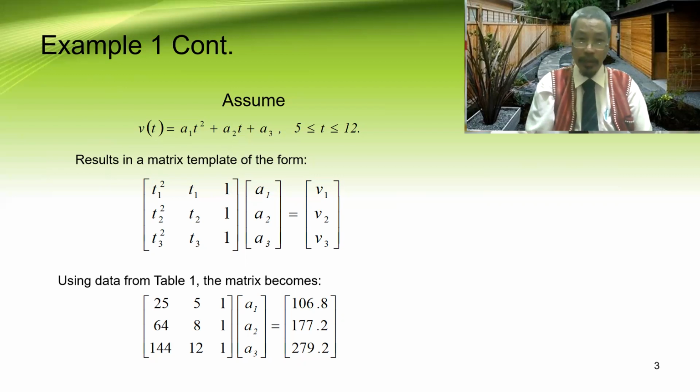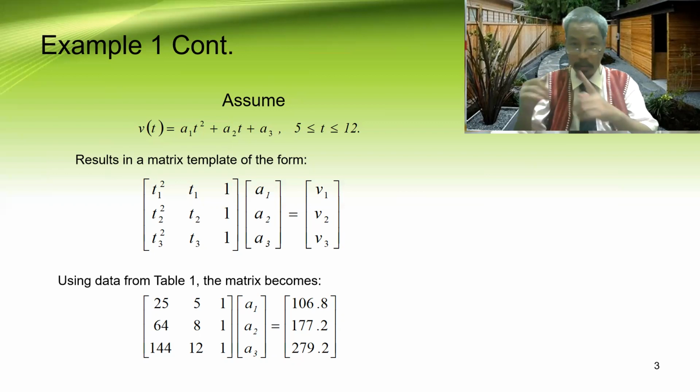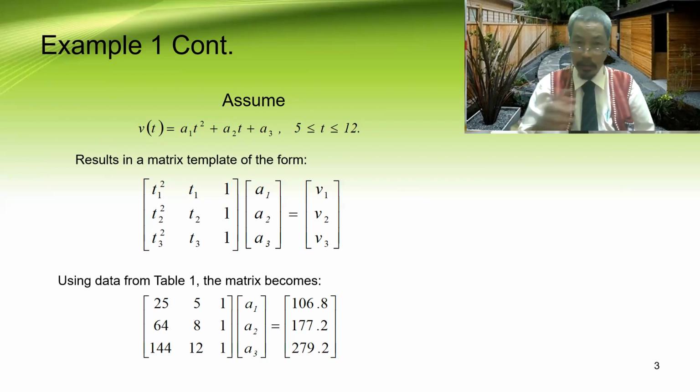The unknowns are the coefficients, because the tabulated data gives us the time and velocity. So as you can see, using the matrix form and arranging to the format of matrix A multiplied by the variable vector is equal to the constant vector. That is the format of our explanation in the last video.